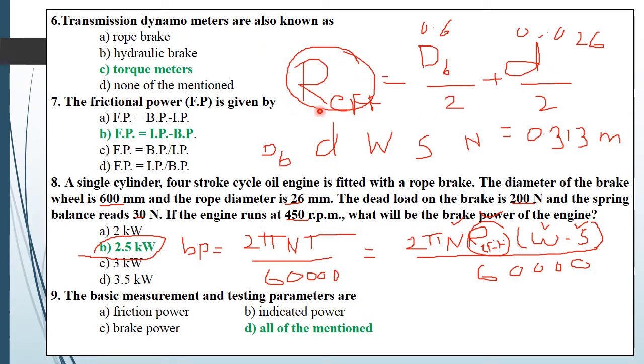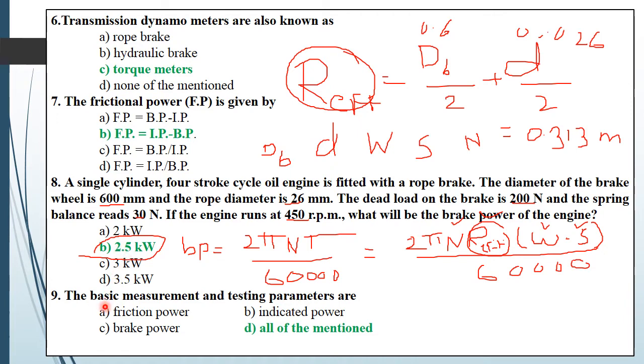That gives the effective radius: dB by 2 plus d by 2. Putting the values of dB and d in meters, it comes to 0.313 meter. So 2 pi N with N as 450, R effective calculated as 0.313 meter, W given as 200, S given as 30 Newton. Putting all these values, you get the answer 2.5 kilowatt. So the brake power of the engine is 2.5 kilowatt.